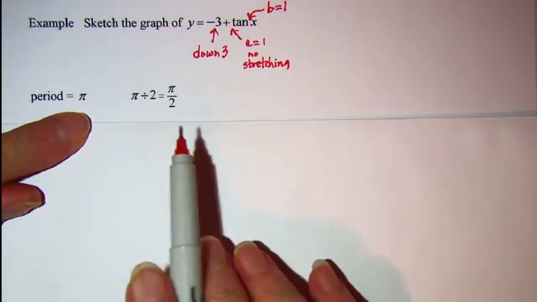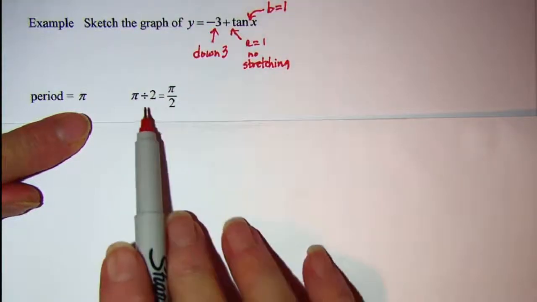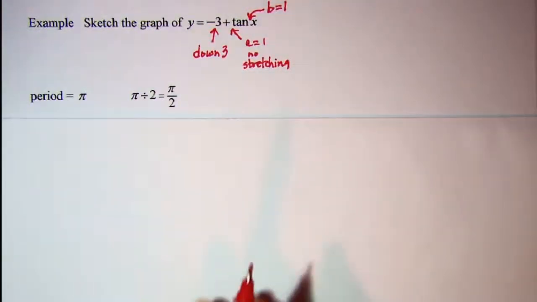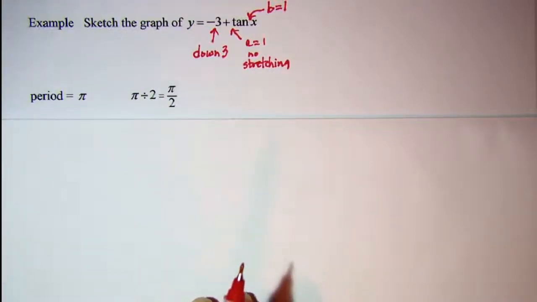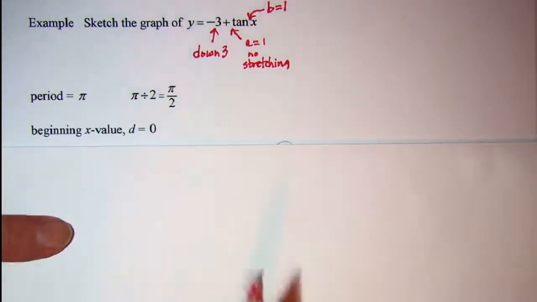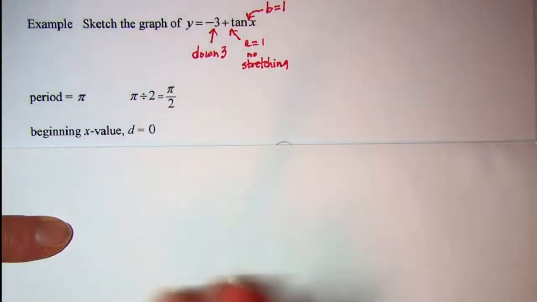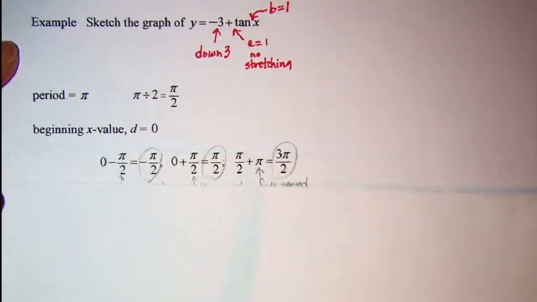Now for the tangent curve, we divide that period by 2. So we have pi over 2 drawn on the right side of our starting mark and pi over 2 drawn on the left side. Our beginning value is d. That's the value that would be added onto this x. And so we start out.